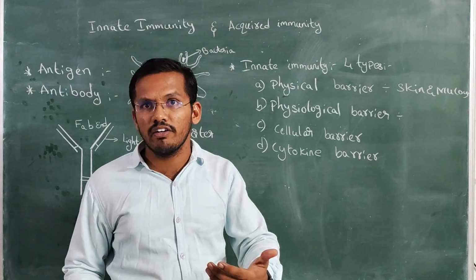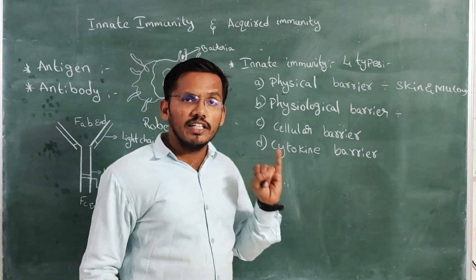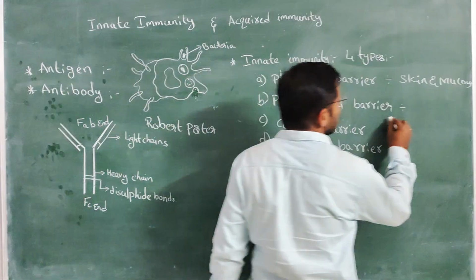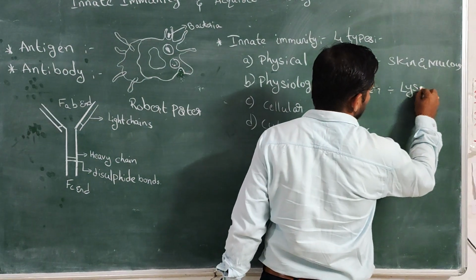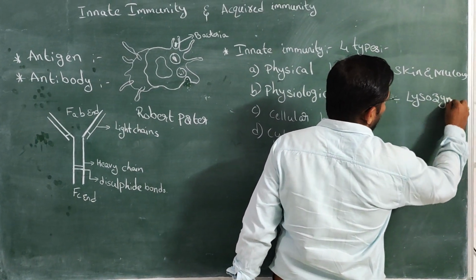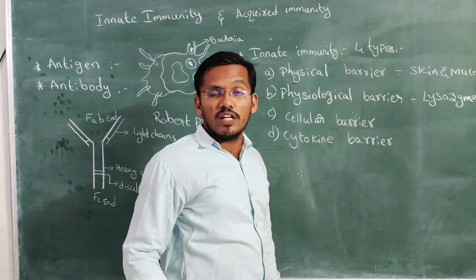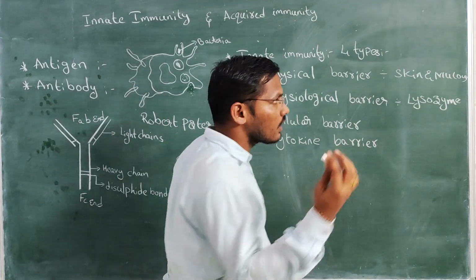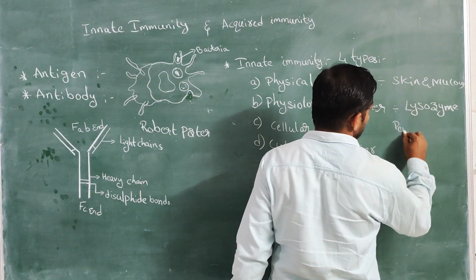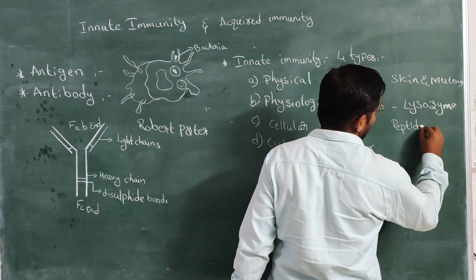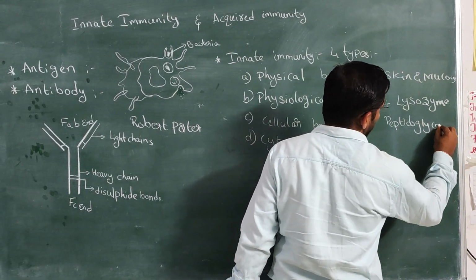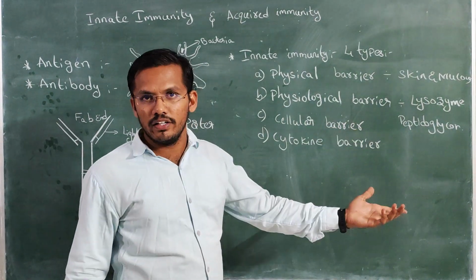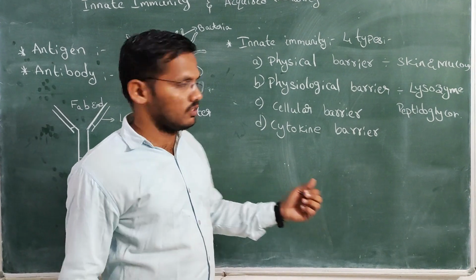The tears, sweat and saliva contain a major enzyme called lysozyme. This lysozyme enzyme is responsible for breaking the bacterial cell wall peptidoglycan. The peptidoglycan cell wall is ruptured by this physiological barrier, which acts as the second line of defense.